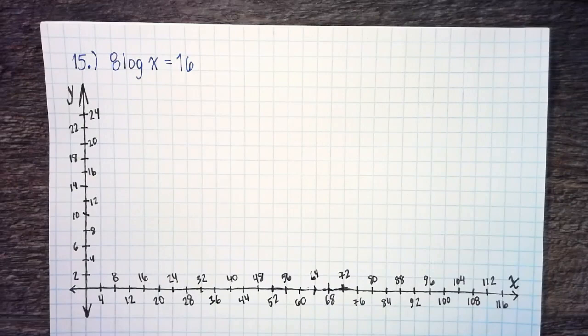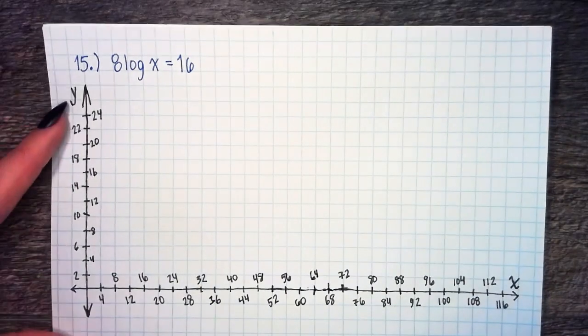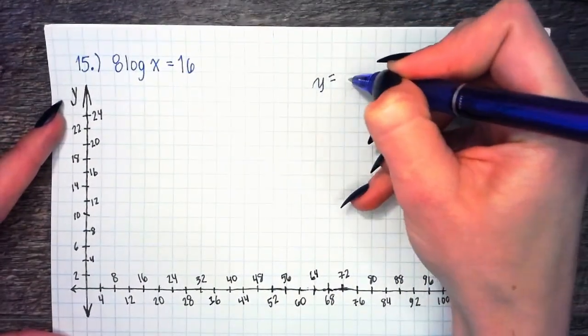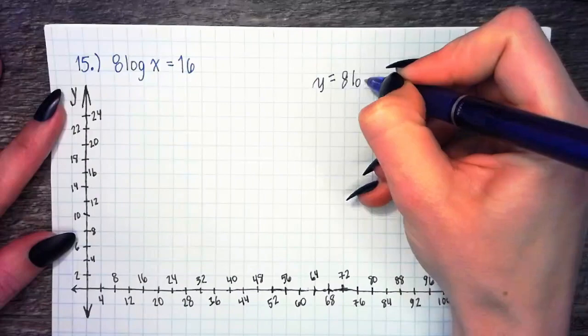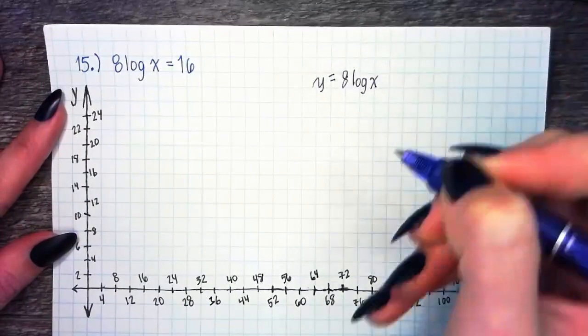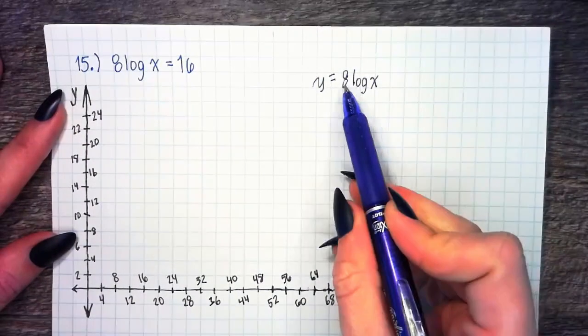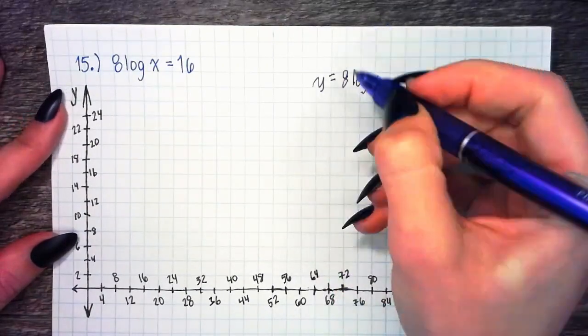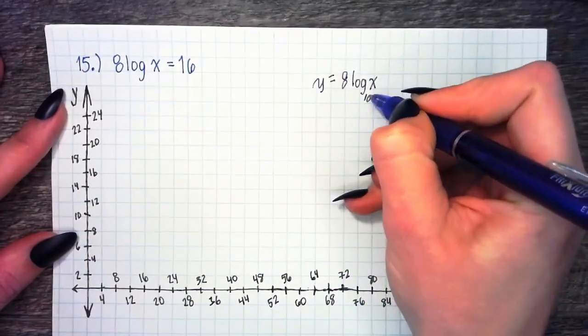So there's this hidden y equals for each one. So y equals 8 log of x. 8 is the vertical stretch. Log of x is the parent function, really, and the base is that invisible 10.